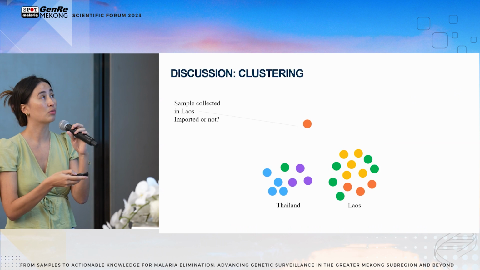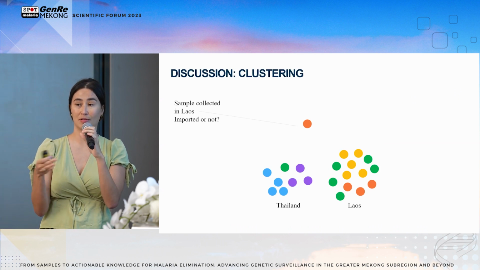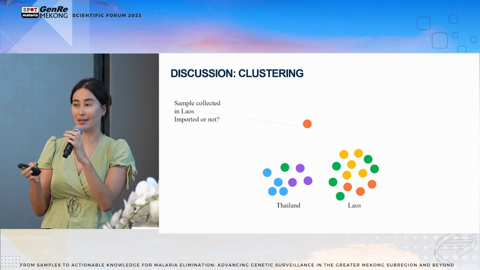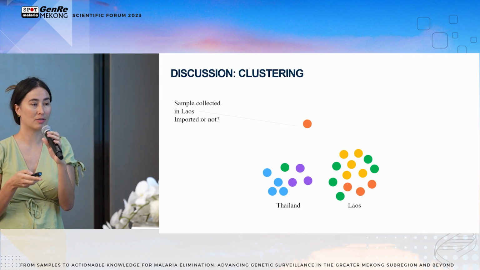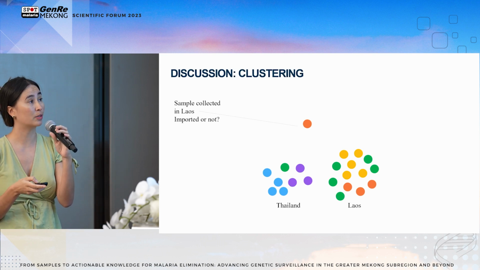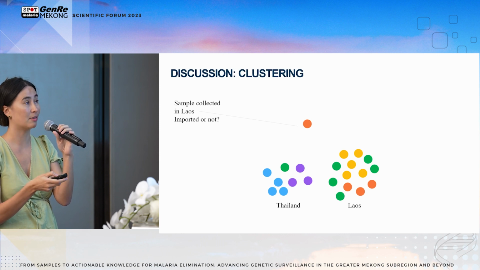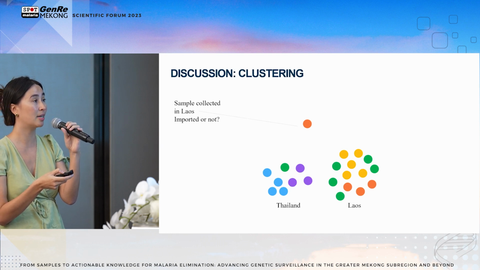Discussion and future work. So, of course, what I showed, linking to the closest sample, is just to get an idea of the data, but we want to look at several approaches going forward. So, for example, here you have an orange sample, and you want to know based on genetic data from which country it most likely originates.